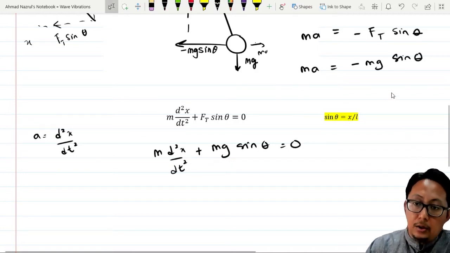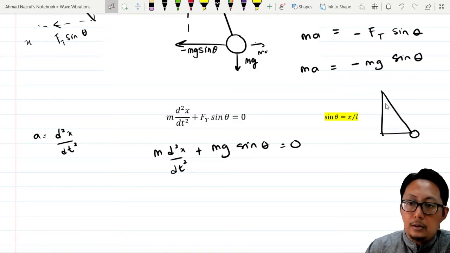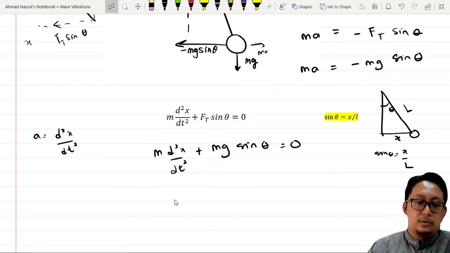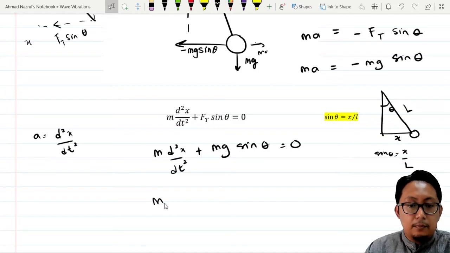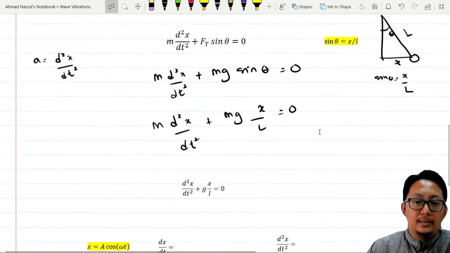Again, for this pendulum, this is theta. We know that this length is L, and this we put as x, so we get sine theta equal to x over L for the distance. So finally what we have is m d squared x over dt squared plus mg x over L equal to 0, and we can cancel out m.